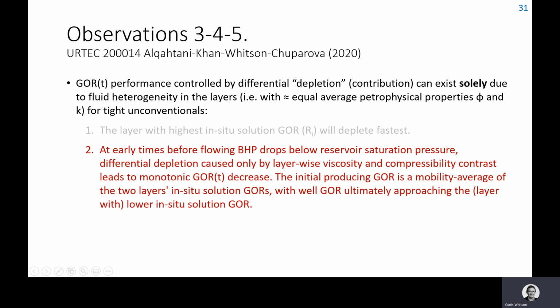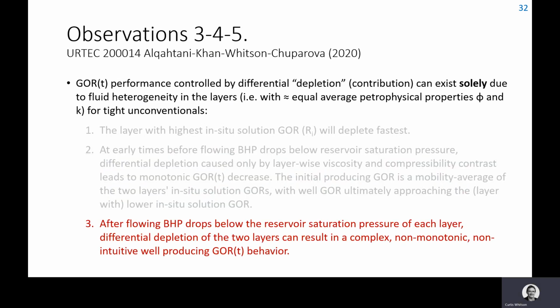At early times, before the bottom hole flowing pressure drops below the saturation pressure, you get this differential depletion mainly by viscosity, and that will lead to a monotonic change in the producing GOR, going from the high initial value to the lower one of the layer with the lower solution GOR.